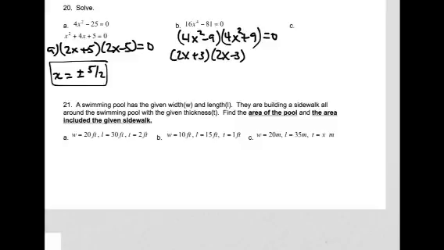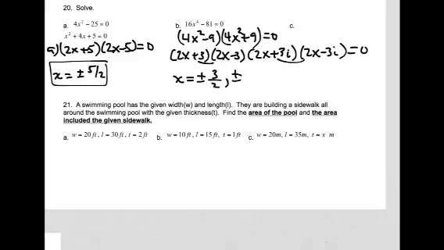The second factor, 4x squared plus 9, is not a difference of two squares, but we can factor it with imaginary numbers like this, equals 0. So from the first two, I get that x is plus or minus 3 halves. From the second two factors, I get that x is plus or minus 3 halves i.